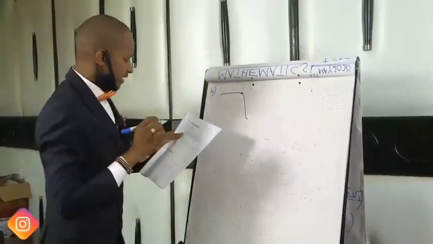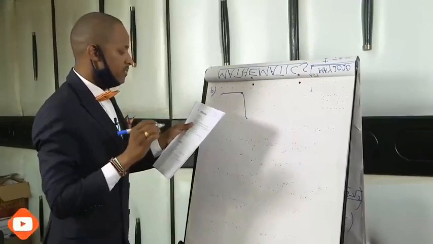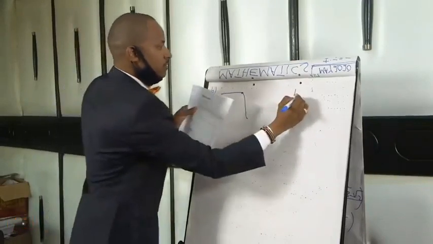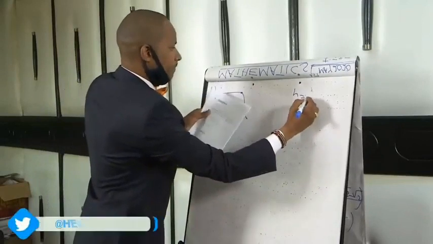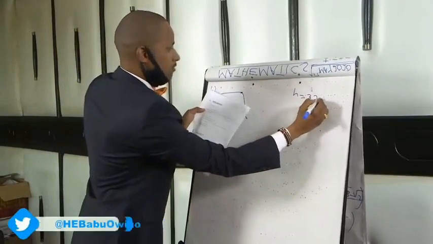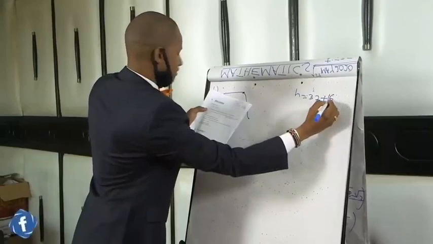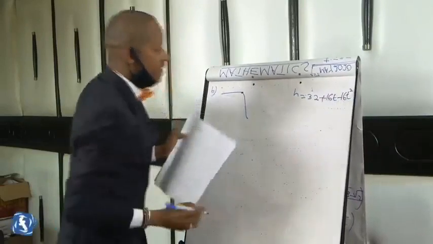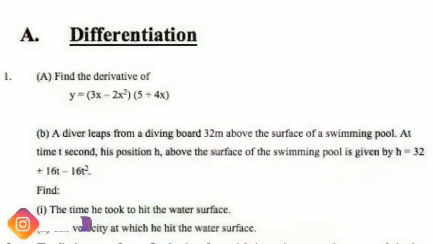His position h above the surface of the swimming pool is given by h equals 32 plus 16t minus 16t squared. Now, the first part of this question wants us to find the time it took to hit the water surface.